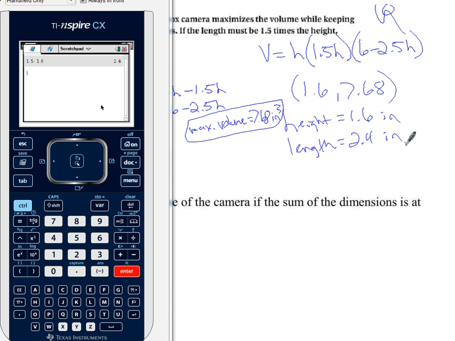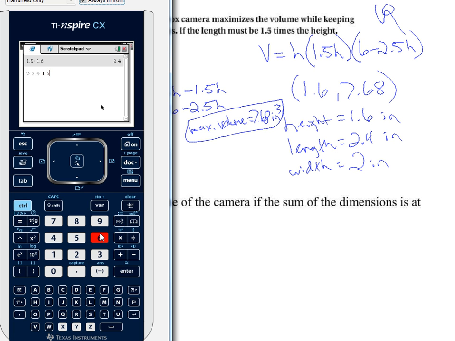And then the width must be 6 minus those. So if I add these two together, I get 4. 6 minus 4 is 2 inches. Just to check to see if I got that volume, I'm going to take the 2 times the 2.4 times the 1.6.